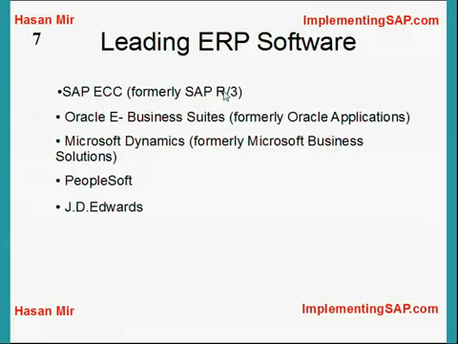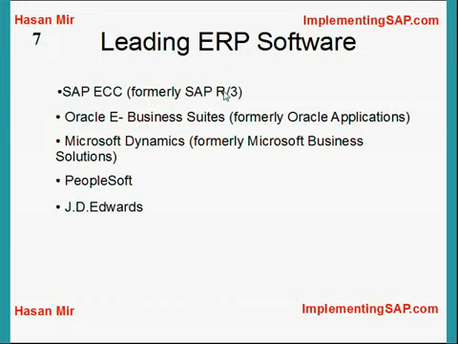Let's talk about the ERP market. SAP is the leader in the ERP market. The latest version of SAP is called SAP ECC, ERP Central Component. Formerly, SAP used to be known as SAP R/3. That was the previous version before SAP ECC. It's no longer the latest version. The second largest player is Oracle E-Business Suite, formerly known as Oracle Applications.